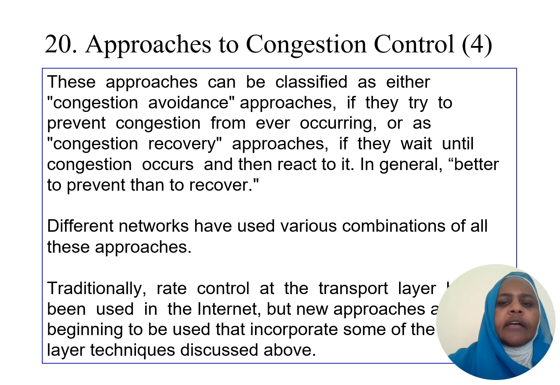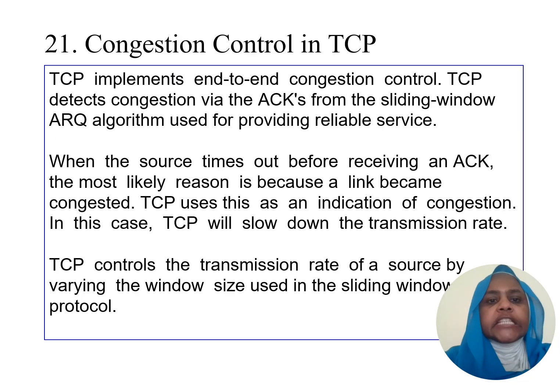Different networks have used different combinations of all these approaches. Traditionally, rate control at the transport layer has been used in the internet, but new approaches are beginning to be used and incorporated with some of the transport layer techniques discussed above. TCP implements end-to-end congestion control.